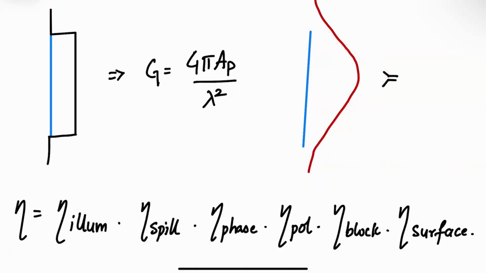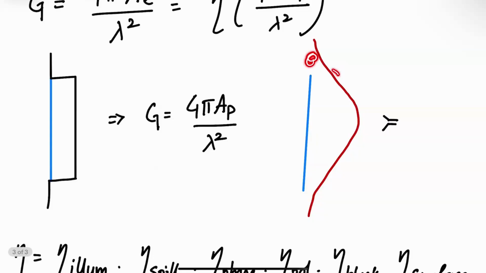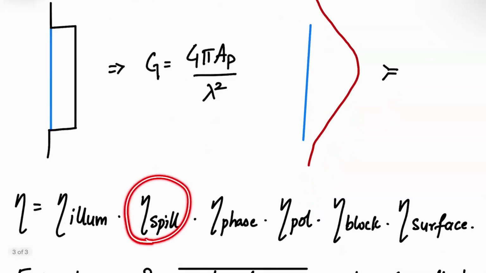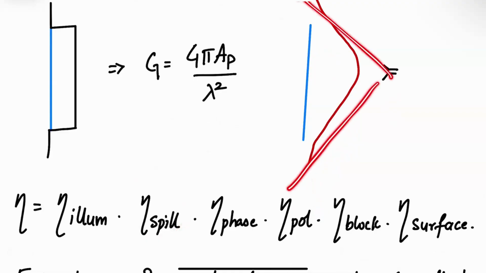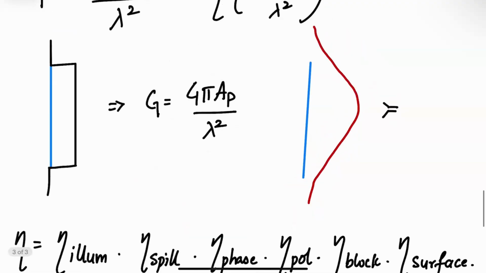So you can either make it something like this, the illumination where there is very low taper at the edges, and there is no spillover. So no power is being lost to the spillover, which is what contributes to the spillover efficiency, and how much power is actually not hitting the reflector, right?